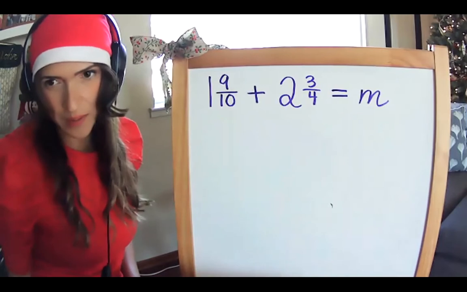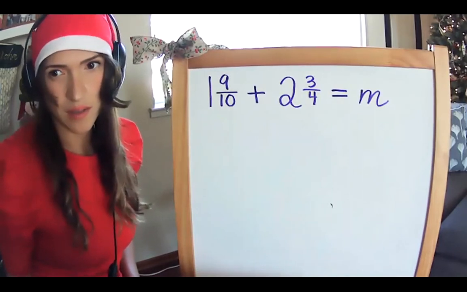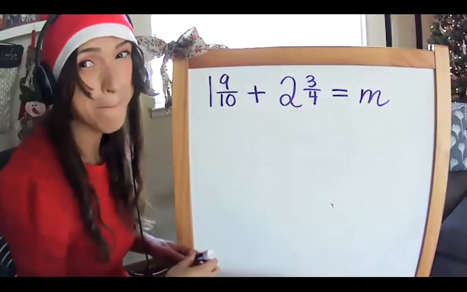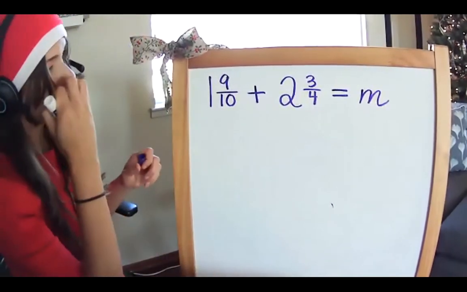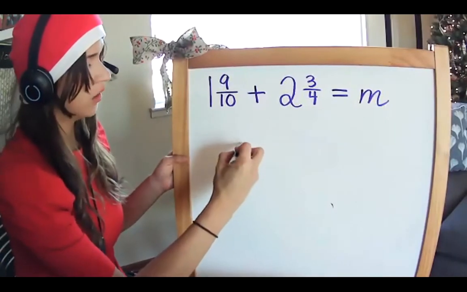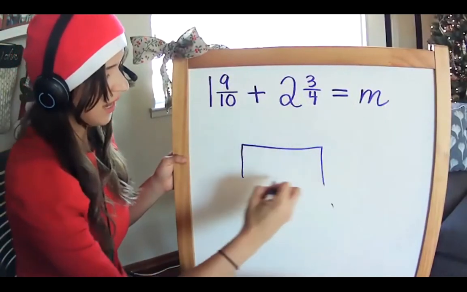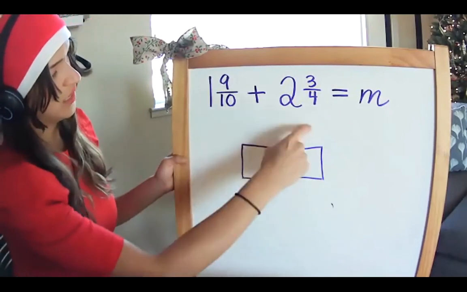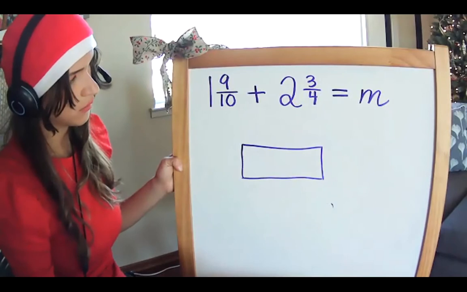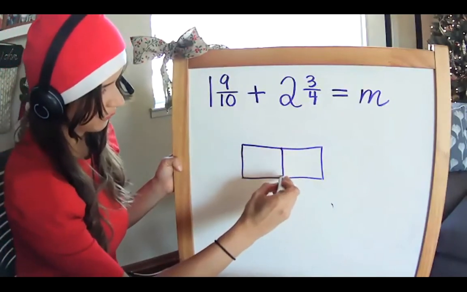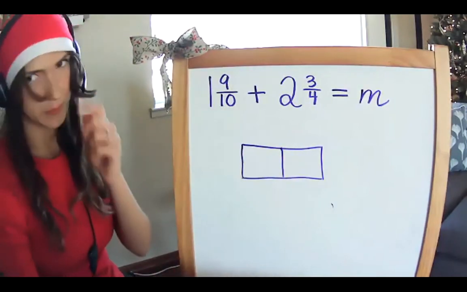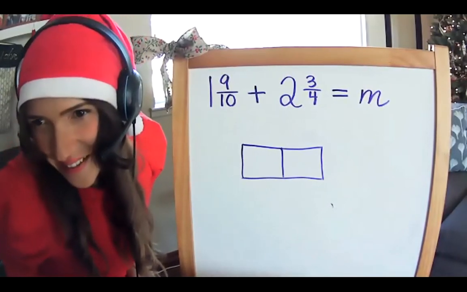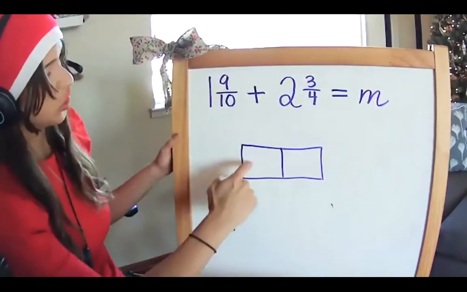Well, the first thing you're drawing is your box. And then how many things are you adding? 2 things. So you need to do how many boxes? 2. Yes, exactly. So we're going to draw 2 boxes.